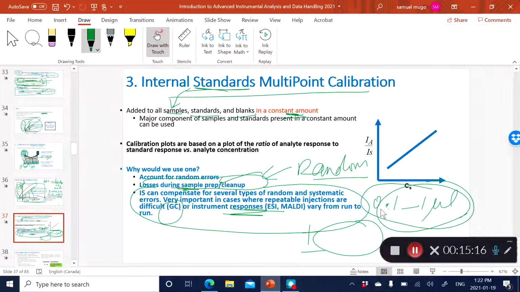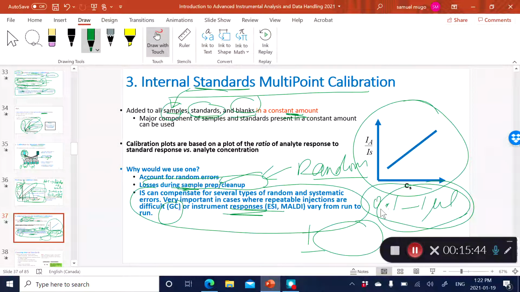So for example, if you're analyzing caffeine in green tea, you would spike an internal standard at a known concentration into all the tea samples, as well as all the standards and all the blanks. And then you analyze it using the instrument to generate the calibration.